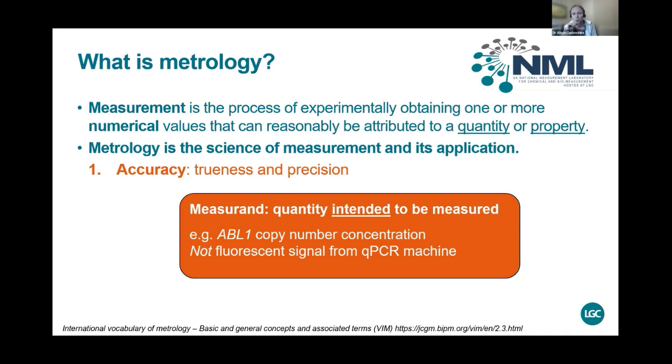For example, it could be the ABL reference gene copy number concentration, which is intended to be measured in the RNA that's been extracted from a sample. It isn't the fluorescent output from the qPCR machine in terms of light units, it's the original analyte concentration, and that's important to remember when thinking about how we approach traceability in this area as well.